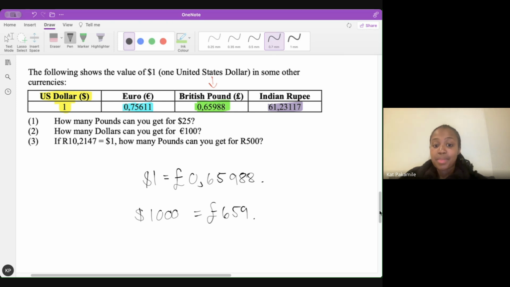Can I have a thumbs up, thumbs down? 1 US dollar is not even worth a whole British pound. It's worth cents. It's like me saying to you, your 10 rands is actually worth 2 over here. Does that make sense? So that means that the British pound is stronger because it devalues the US dollar.